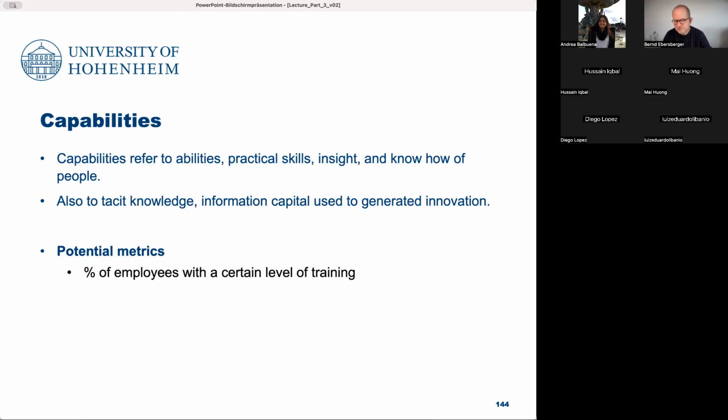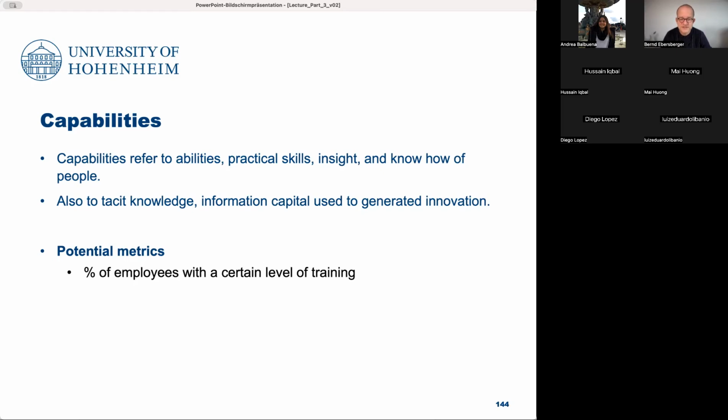So a potential metric here would be the percentage of employees with a certain level of training. A very typical number is the percentage of employees with higher education training, with tertiary training.